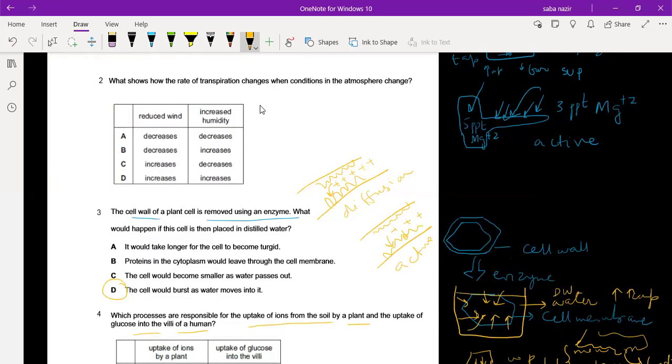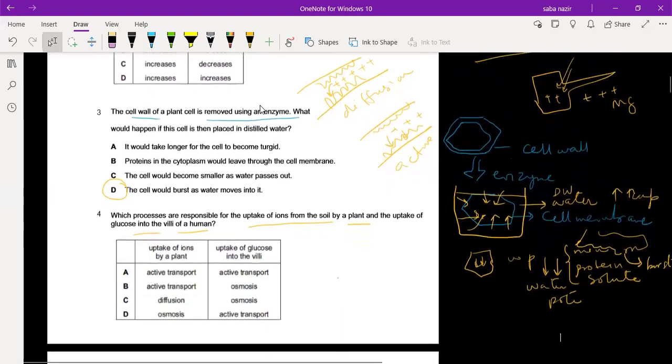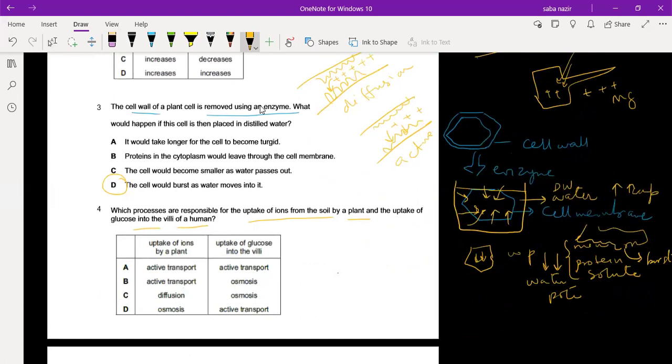In the previous example, I explained the root hair cell was actively taking up ions. And in the other case, if there is a greater amount of magnesium ion in the soil and fewer ions in the root hair cell, ions will be taken up by the process of diffusion, right? So if we consider this question here, we can find that this is the only possible option.